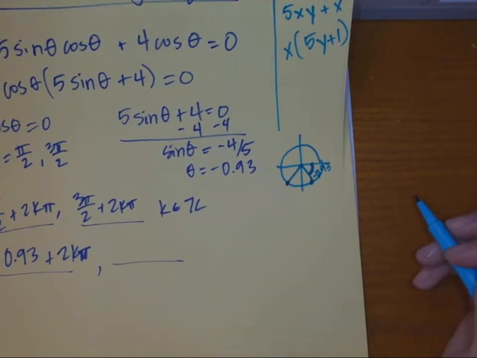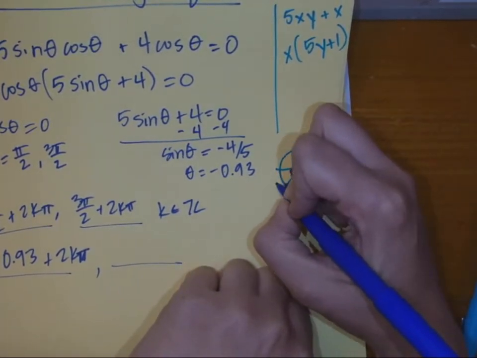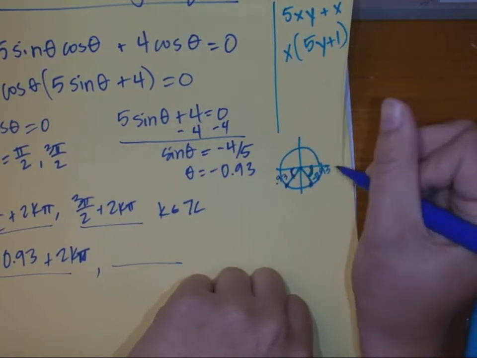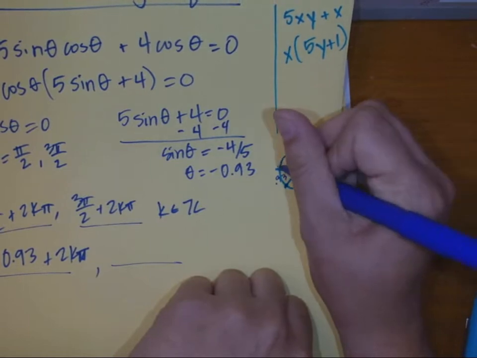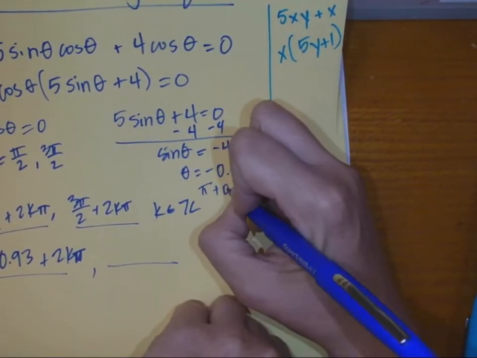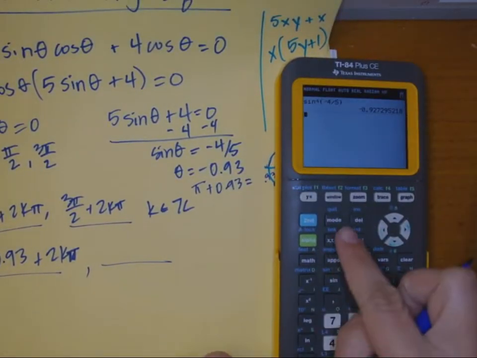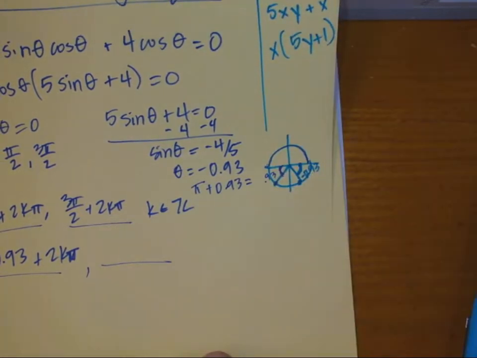There's a couple ways you can do it. Essentially, this right here is also 0.93, like that piece right there. So I need to do all of this plus that. This is pi plus 0.93, which gives me 4.07.